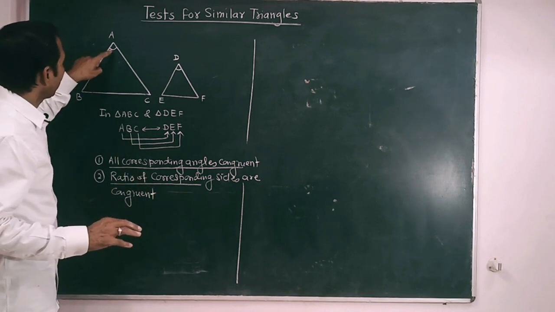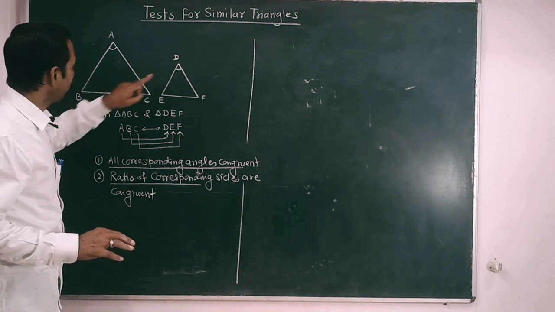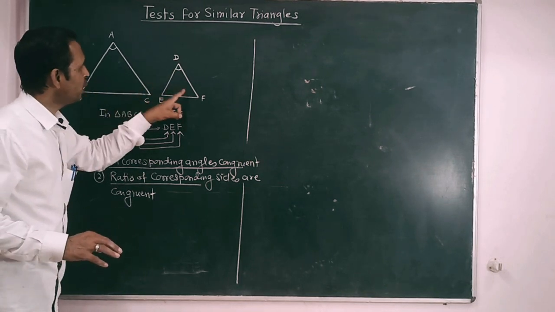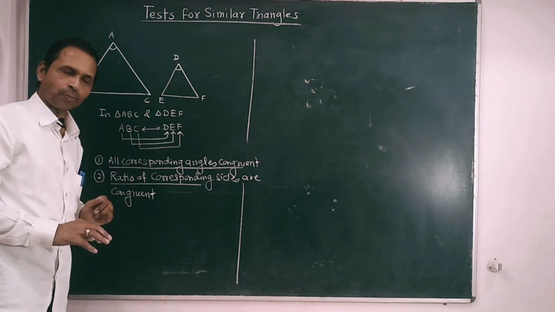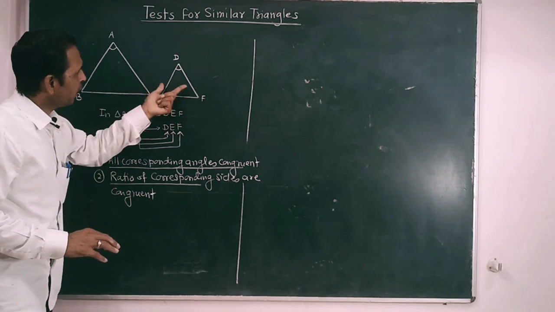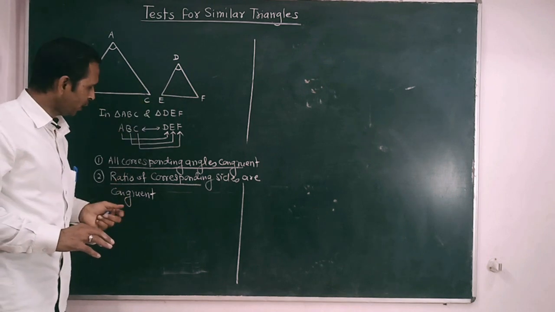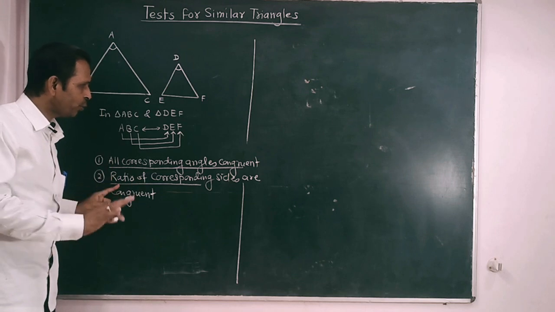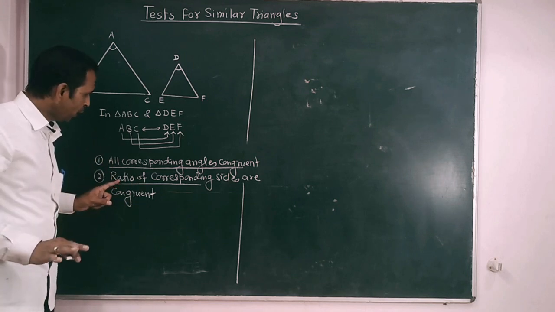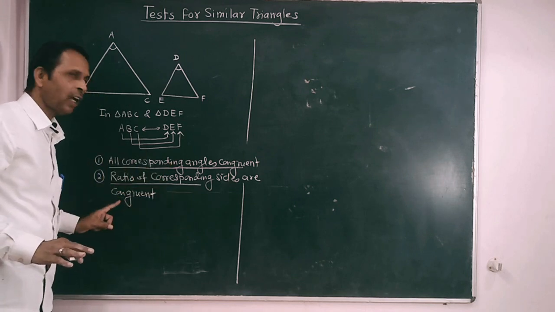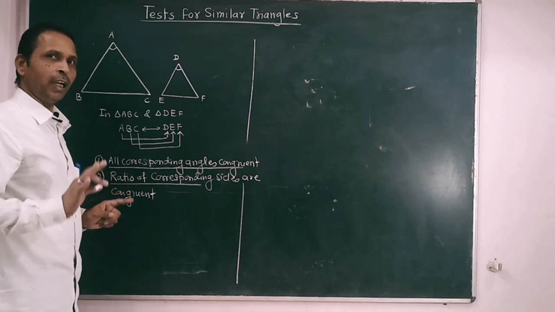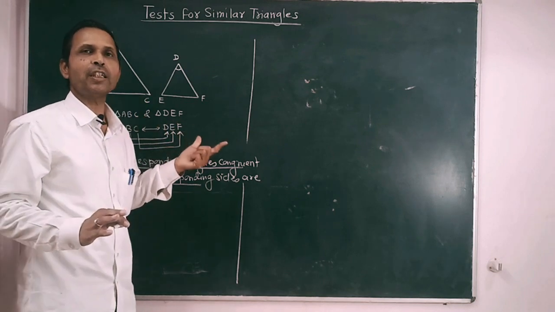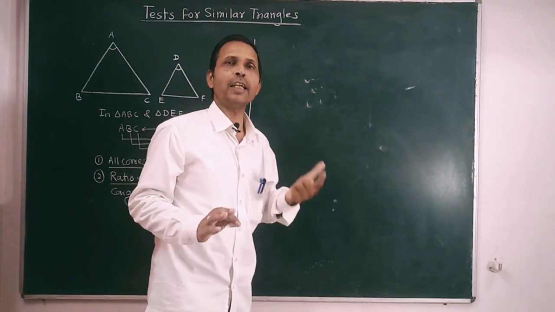That means angle A is congruent with angle D, angle B is congruent with angle E, and angle C is congruent with angle F. Then it is not necessary to check the remaining conditions, and the ratio of the corresponding sides is automatically congruent.